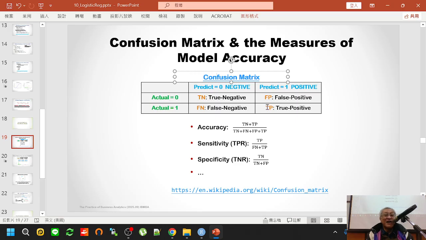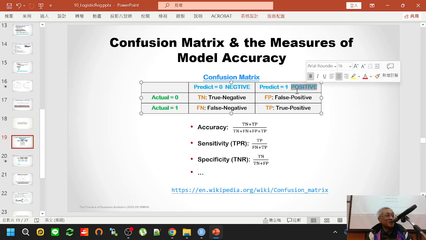The same here: this is true positive, when it actually is 1 and we predict positive. So in this matrix, here and here, our prediction is correct.